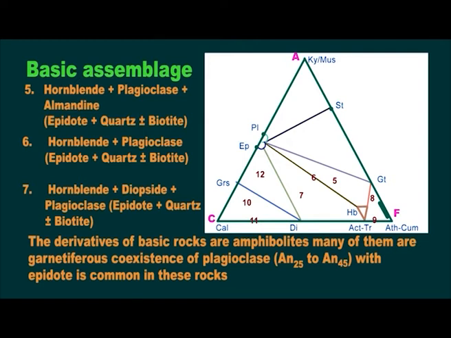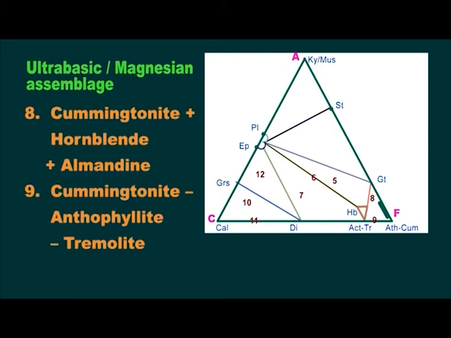Number 7, hornblende, diopside, plagioclase with epidote plus or minus biotite plus quartz. The derivatives of basic rocks are amphibolites. Many of them are garnetiferous. Coexistence of plagioclase, anorthite 25 to 45%. The epidote is common in these rocks.